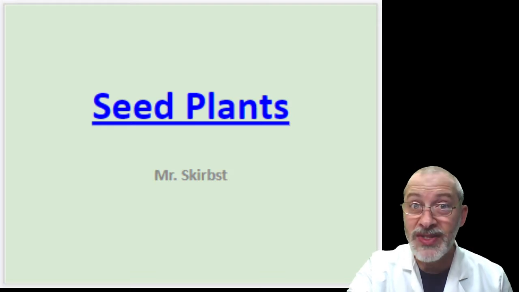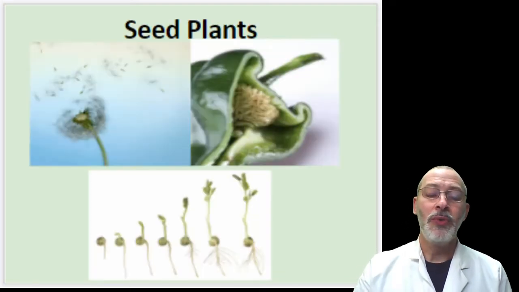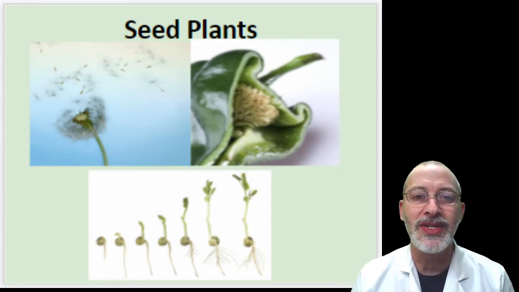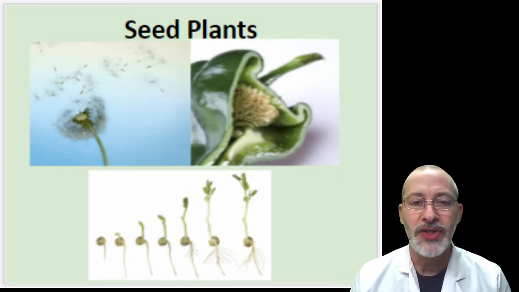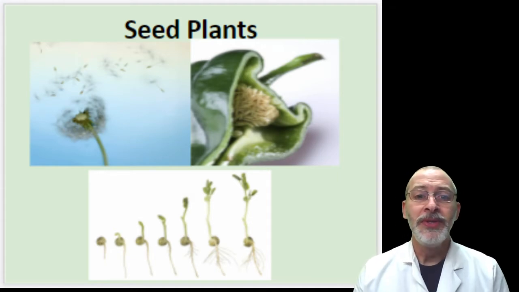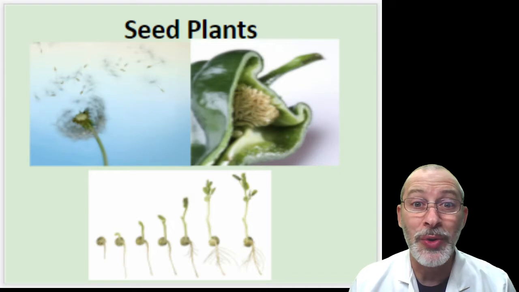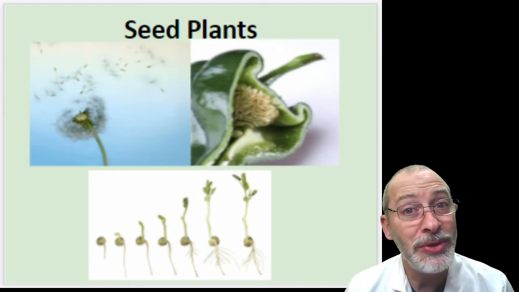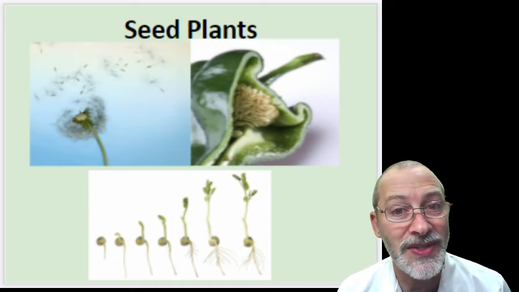Maybe seeds? Well, there are many different kinds of seeds that exist in the world of seed plants, and here are just a couple of examples. If you look in the upper left-hand corner, I'm sure many, if not all of you, are familiar with these seeds.